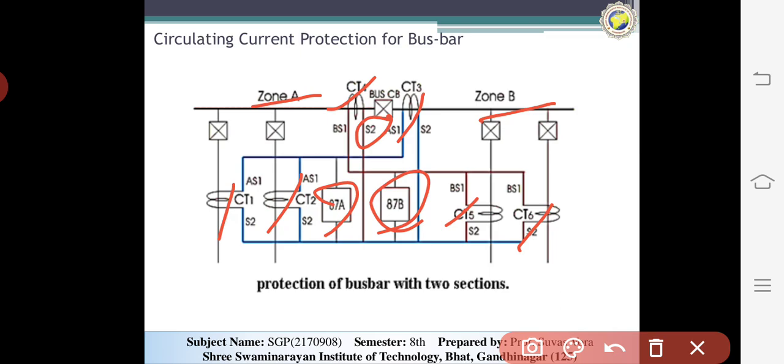Now the bus bar differential protection scheme operates in the same manner as simple current differential protection.